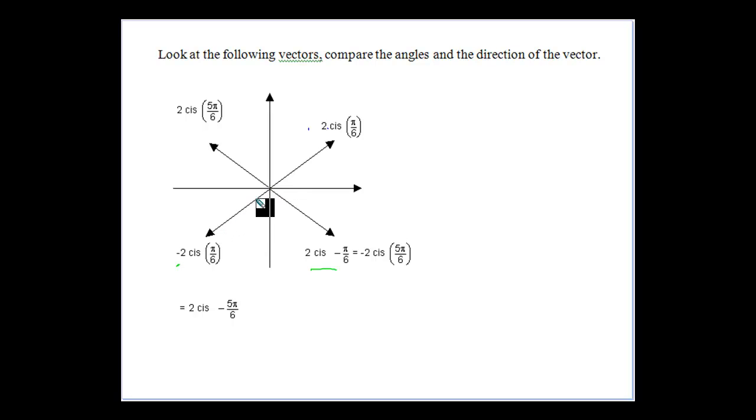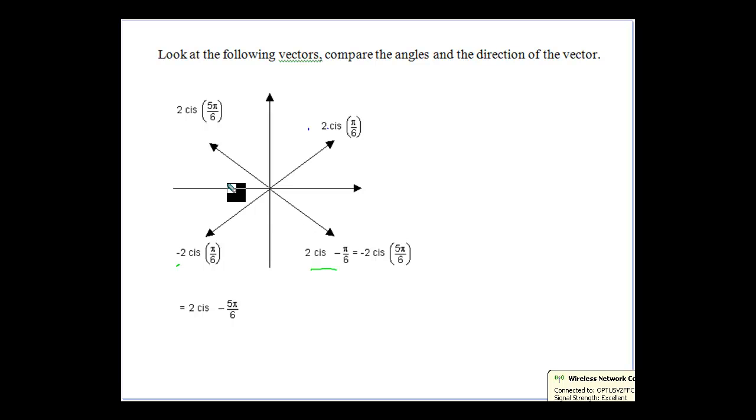Relative to the x-axis, it's in a straight line, so you know it has the same angle, just in a negative direction. Same with 2 cis 5 pi on 6: even though we said it was 2 cis minus pi on 6, it could be written as negative 2 cis 5 pi on 6. It has the opposite direction.